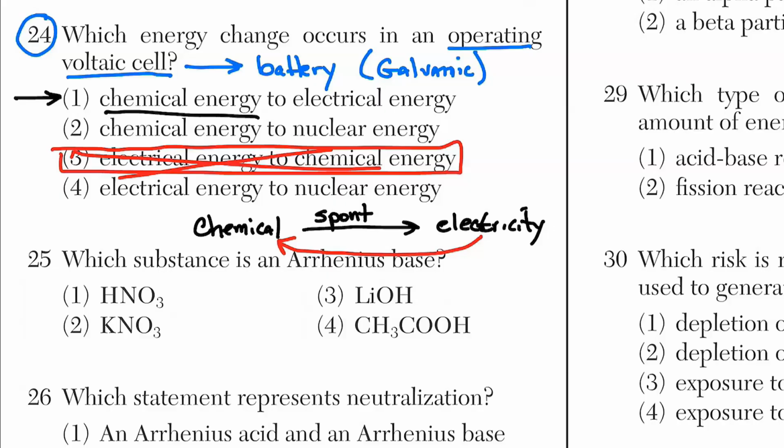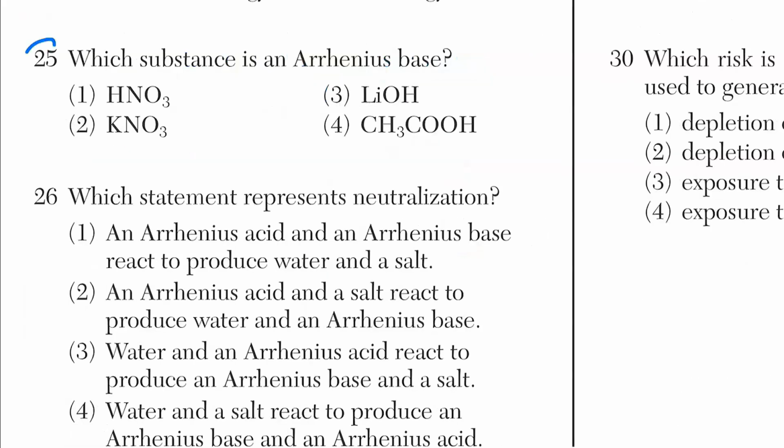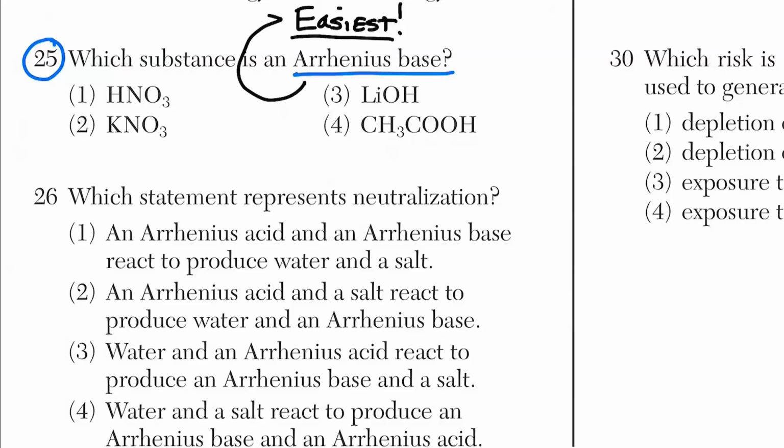On to number 25. Number 25, which substance is an Arrhenius base? People hate this question, like I remember these names, but I always say Arrhenius sounds like the easiest. So the Arrhenius definition is the easiest definition.